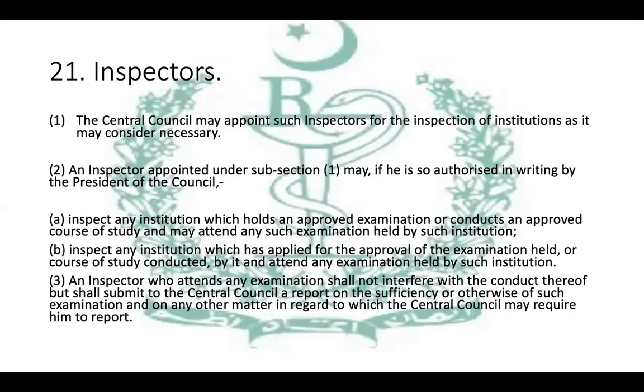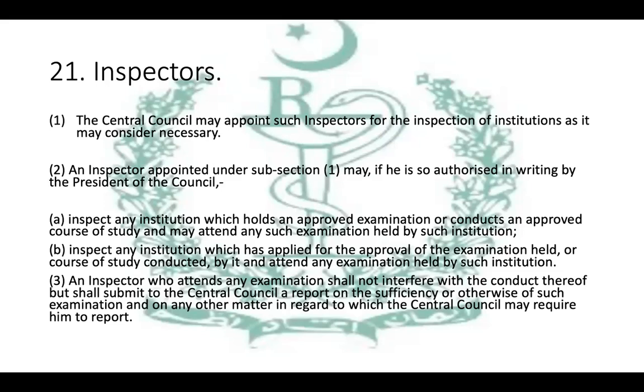They have to go to that facility and examine whether the facilities meet the criteria prescribed by the pharmacy council, whether they fulfill that criteria or not, in terms of teaching faculty, in terms of lab facility, in terms of equipment, whatever is prescribed in the requisition of the pharmacy council. They have to examine all these facilities prescribed by the pharmacy council.